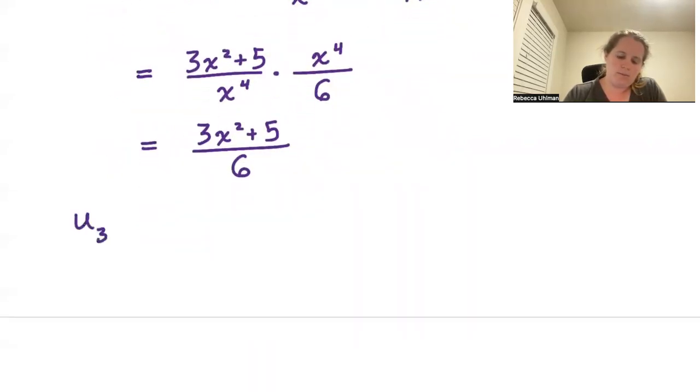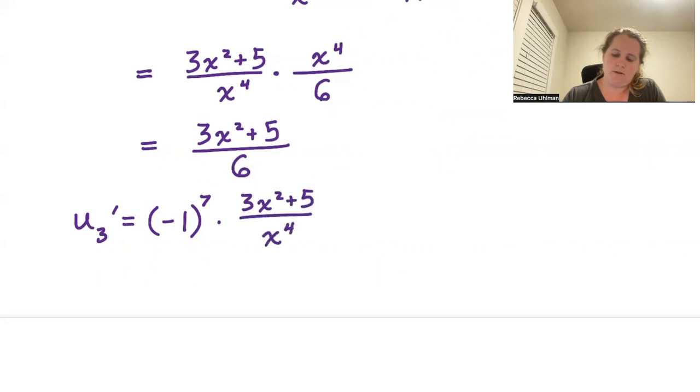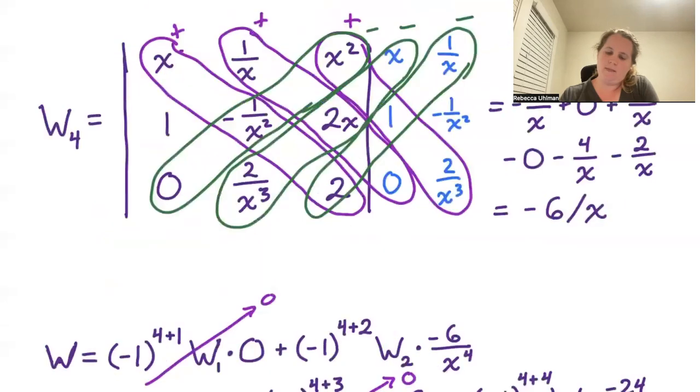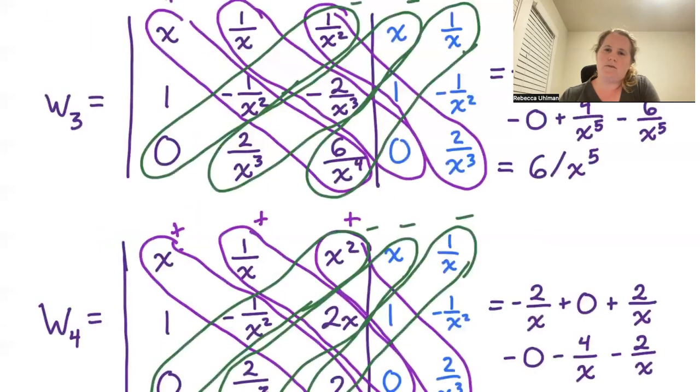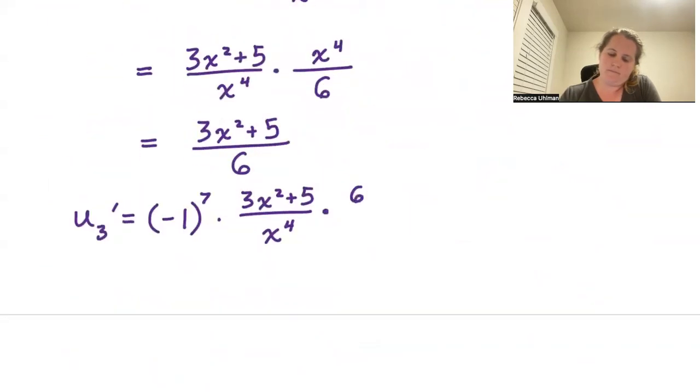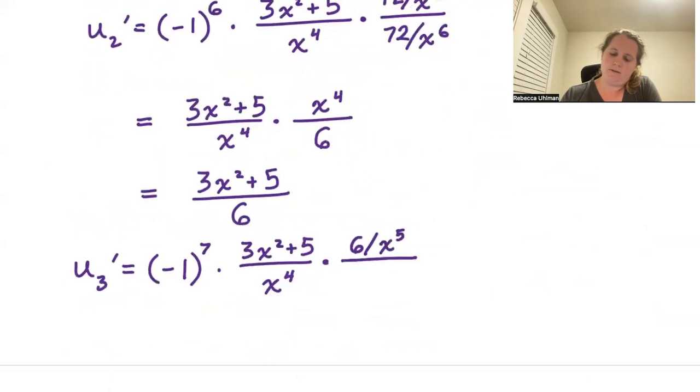For u3 prime, we would have negative 1 to the 4 plus 3, or negative 1 to the 7th, times 3x squared plus 5 over x to the 4th. And we would multiply by W3, which was 6 over x to the 5th, and divide by our W, which was 72 over x to the 6th.